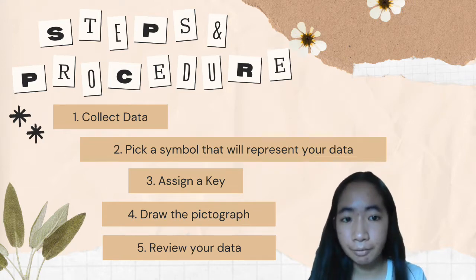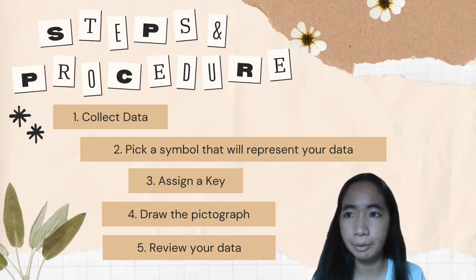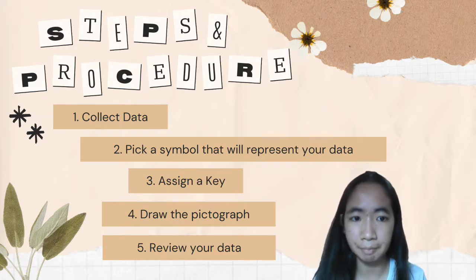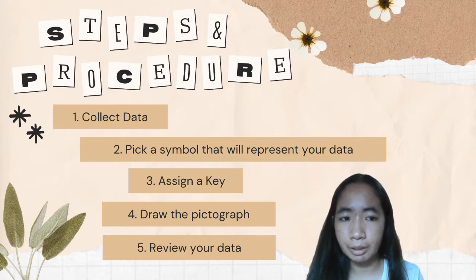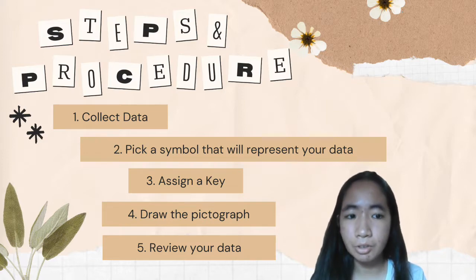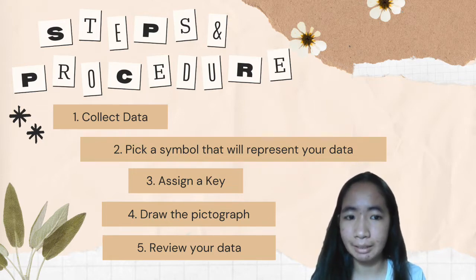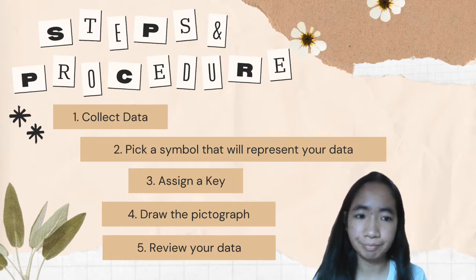And the fourth step is to draw the pictograph. After doing the first, the second, and the third step, you initially draw 2 columns that represent the categories and the data itself, and then draw the actual symbols that you chose to represent the frequencies.